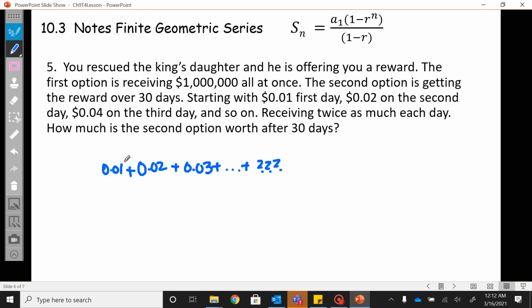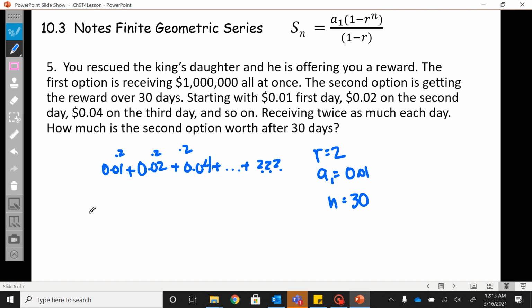They said it's doubling each time. Sorry, this is not 3 cents, it's 4 cents, because it's doubling each time. 1 cent times 2 times 2 times 2. So the ratio is 2. The first term is 1 cent. And the number of terms is 30 days.